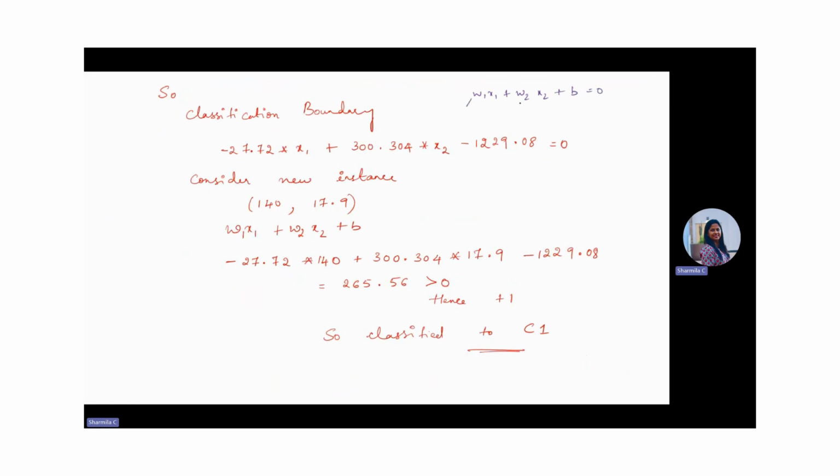Now these weights are adjusted and learned, right? So when a new instance is given, that is new x1 and x2 values, we give this as an input to this boundary function, and we'll see whether it gives the value +1 or -1.